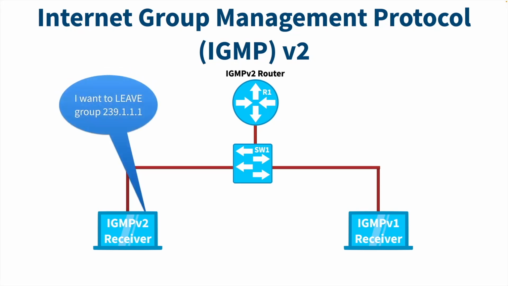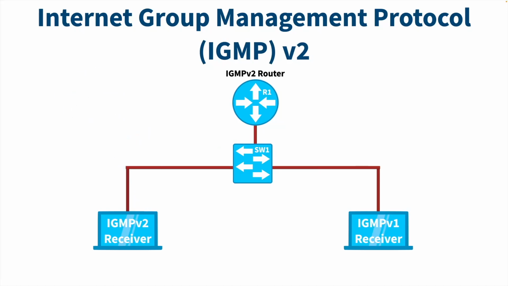And that's going to allow the switch to stop sending traffic for that group out of the port connected to that laptop on the left. And if there are no more receivers on switch SW1, that's going to allow router R1 to stop sending traffic down to SW1.